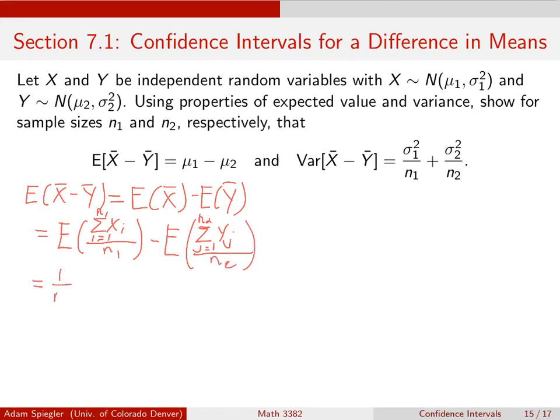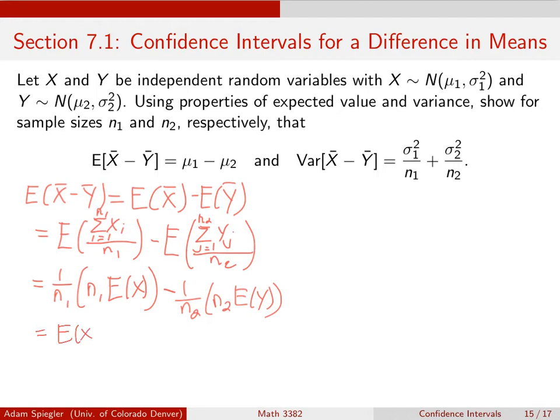We can pull out the 1 over n1, and then we're going to sum n1 times. All of those expected values are the same since they all come from X. And over here, we can pull out the 1 over n2 from inside the expected value, and what's left is n2 times the expected value of Y. These constants, the n1 and the n2, cancel.